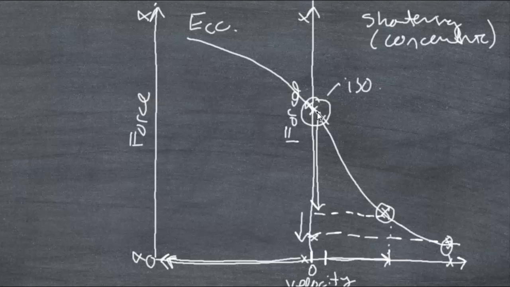But as you increase the speed, let's say you double the speed to here, then what's going to happen to force during an eccentric contraction? Well, you're going to see an increase in force. And again, as you increase the speed of this eccentric contraction even further, you're going to see an even greater increase in force.